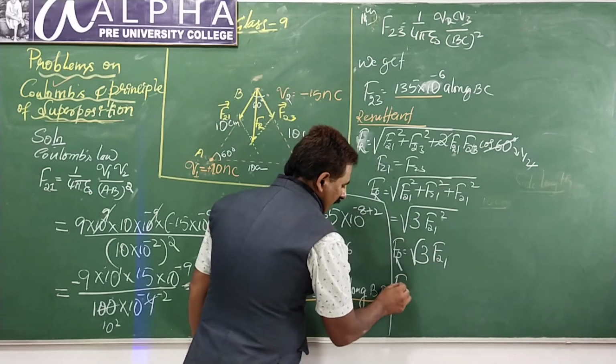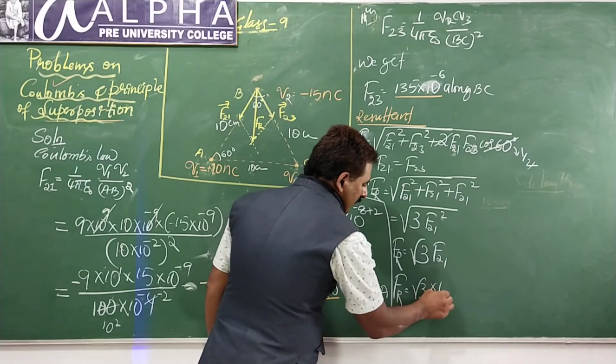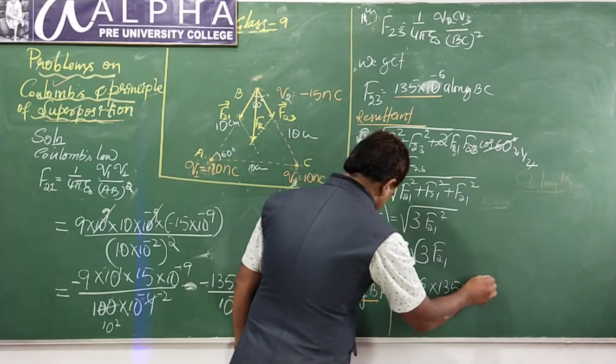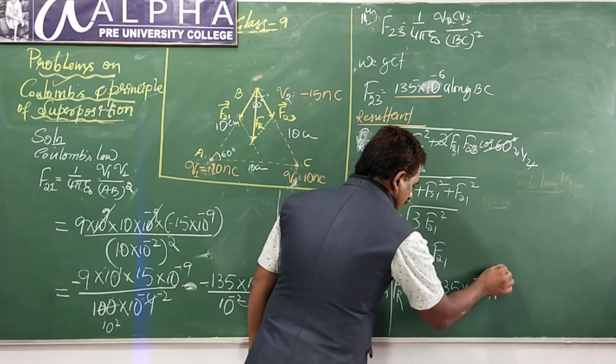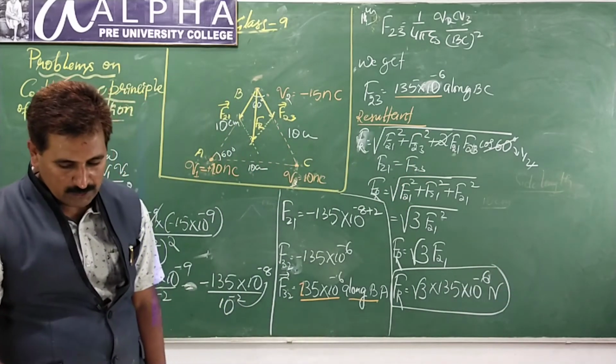So what is the value of the resultant? Resultant is root 3 times 135 times 10 to the power minus 6 Newton. Resultant force is same, 10 power minus 6. I have shown one type of problem.